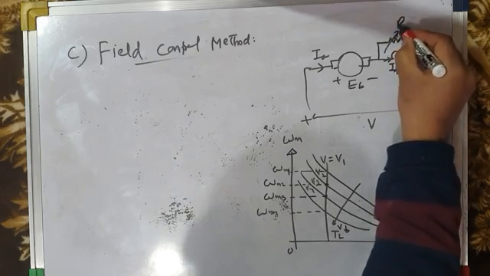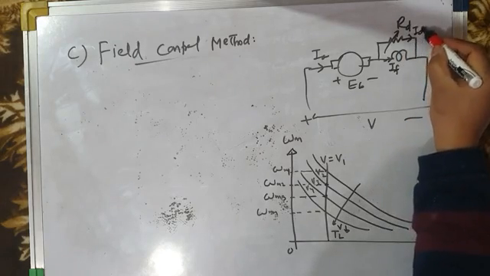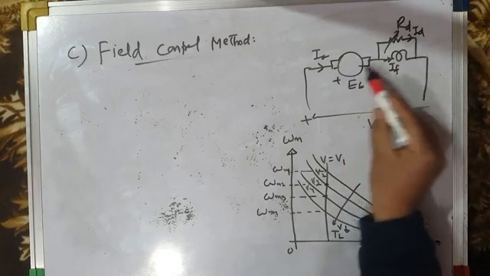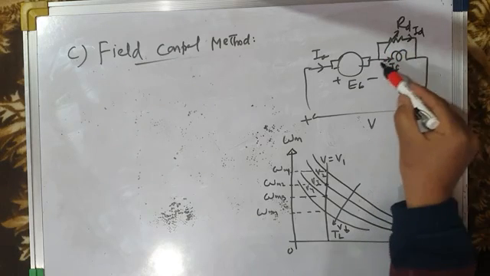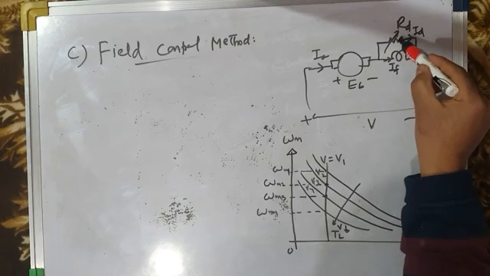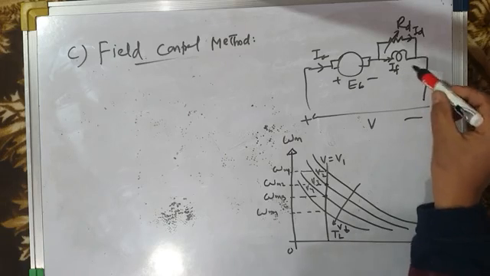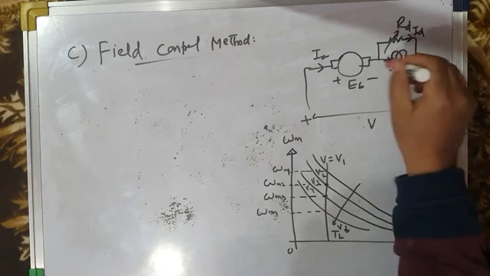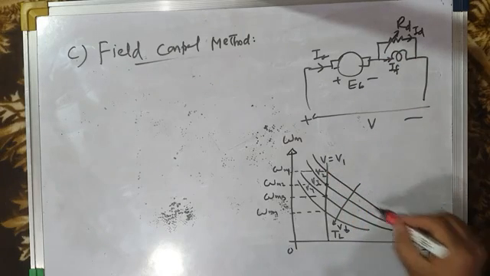This is RD, a variable resistor, called the diverter resistance. When IA reaches this point, it gets divided. Some of the current flows through the diverter resistance RD and some current flows through the field. By reducing this diverter resistance, ID can be increased and IF can be reduced. So if the diverter resistance is removed, IF will be equal to the rated field current and you will get base speed.